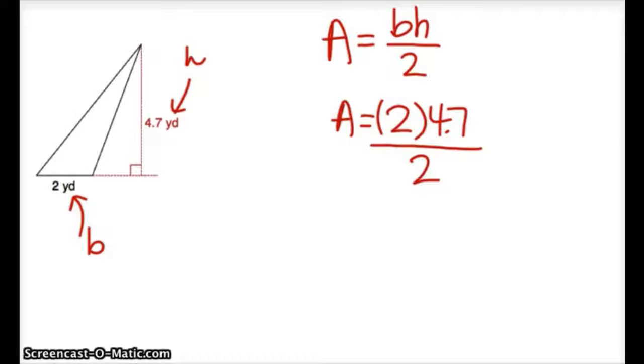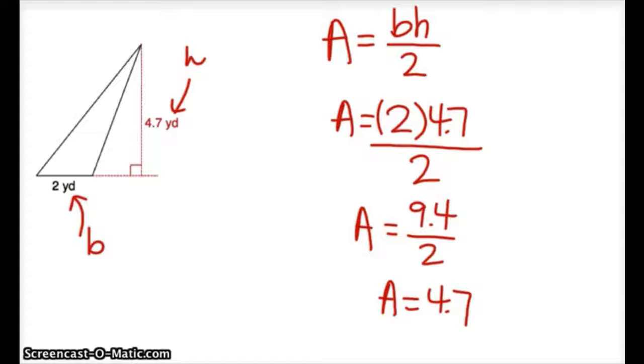So 4.7 times 2 is 9.4. Divided by 2 is going to give me 4.7. My units are yards squared. A quick trick: if you have a 2 on top and a 2 on the bottom in your fraction, they actually cancel out because 2 over 2 equals 1.